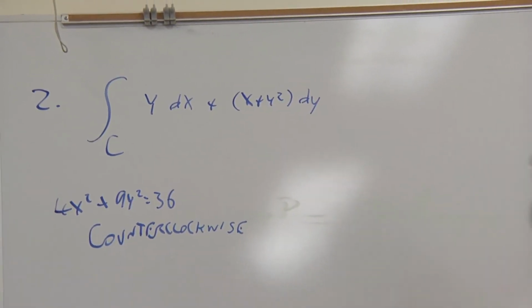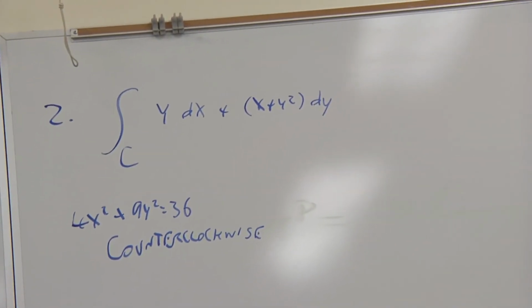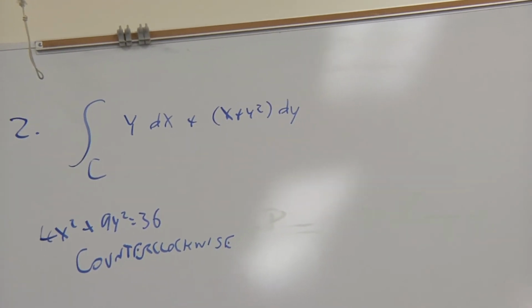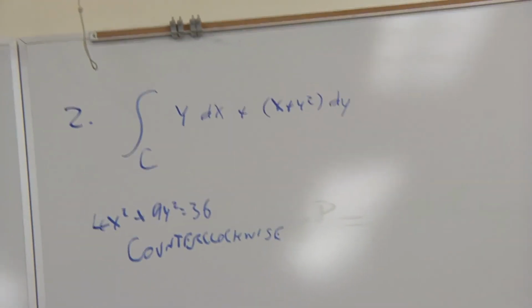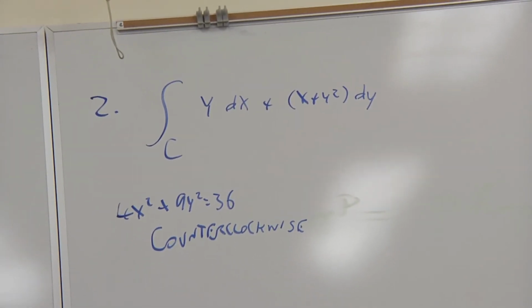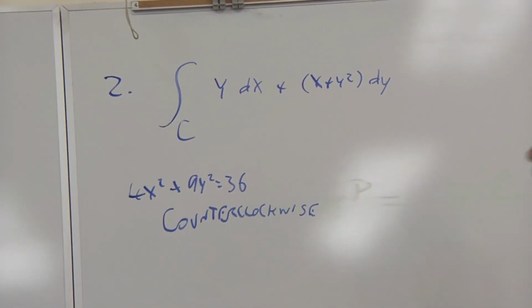Now, because this is a closed curve, there are two ways to do this problem. I'm going to talk about one way to do it that would apply even if this was not a closed curve. And so it would be a good exercise anyway.